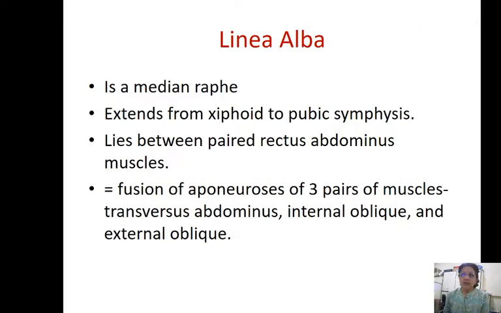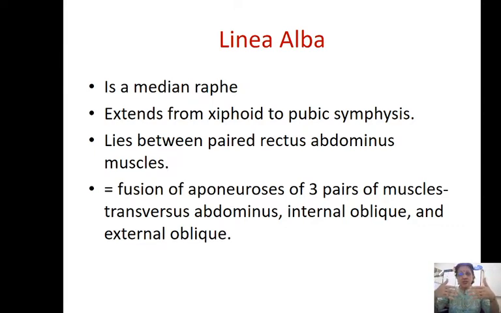The linea alba, you may get it as a short note. You must know about it, where it extends from and to, what it lies between, and what it is. You will understand better after you study the three anterolateral muscles, one beneath the other. They are going to be muscular up to a certain degree. And then when they approach each other at the midline, they become tendinous.